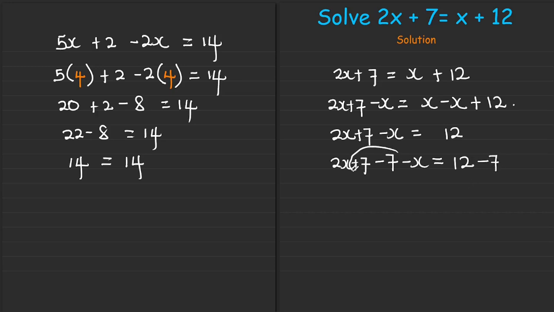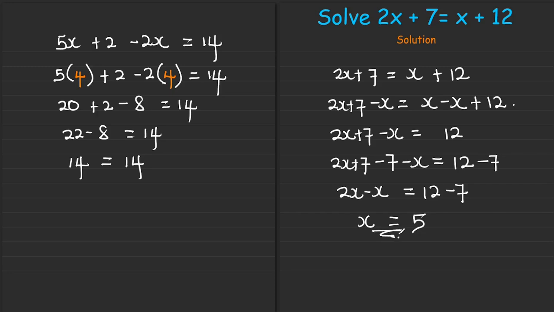In this case, negative 7 and positive 7 cancel each other. And then we have 2x minus x being equal to the 12 minus 7. So with this, we have our 2x minus x, which gives us an x, and 12 minus 7, which then gives us a 5. And this is the solution to the equation we have above.